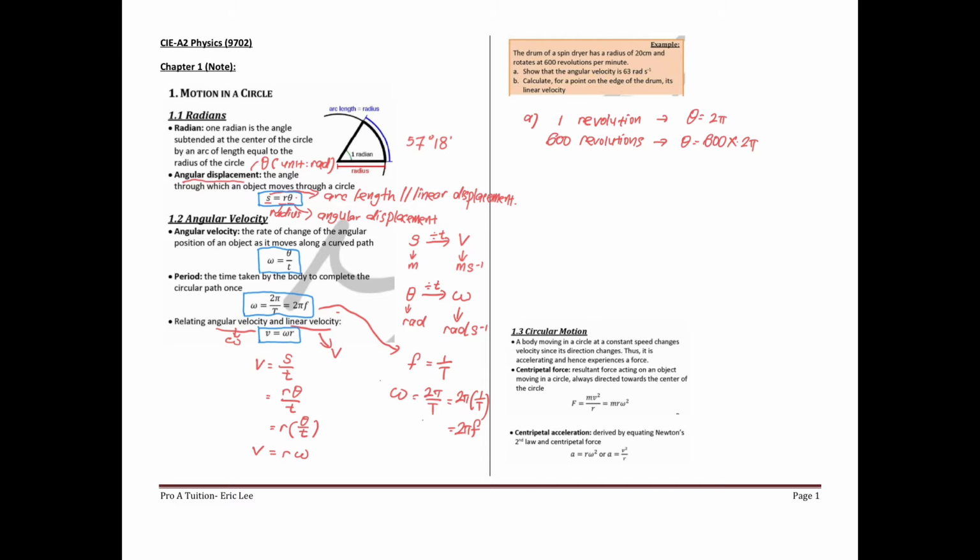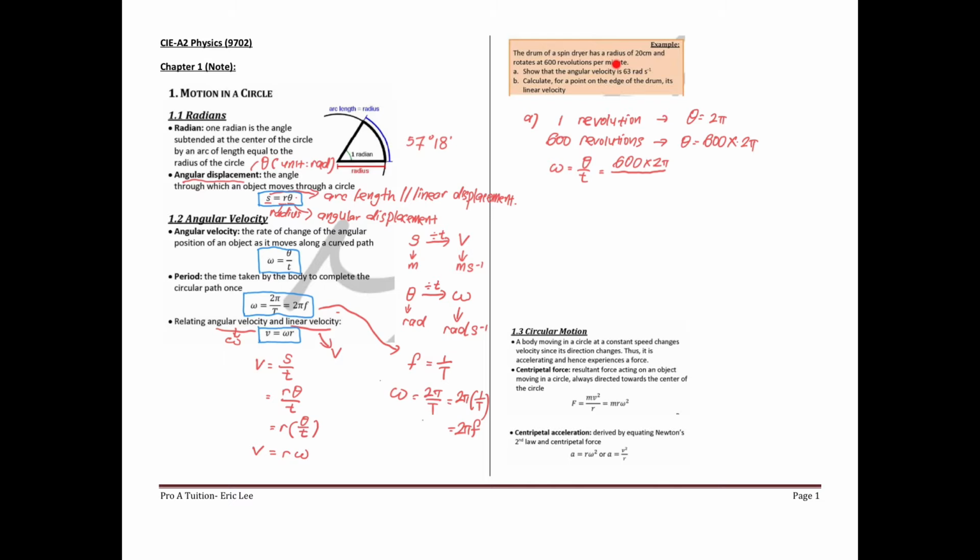And our formula for angular velocity is omega equal to theta over t. So the theta here, the angular displacement, is 600 times 2 pi, as that makes 600 revolutions. So let us write down 600 times 2 pi at the numerator. And the time involved is 1 minute, as you can see here, per minute.